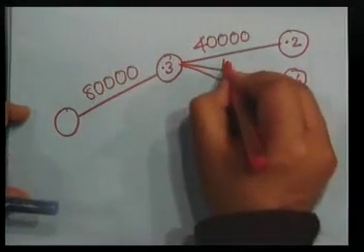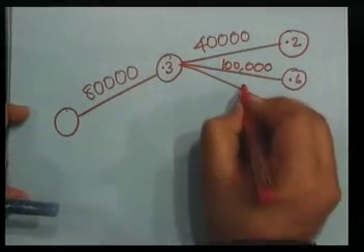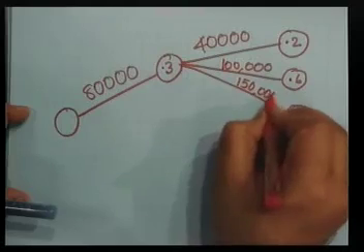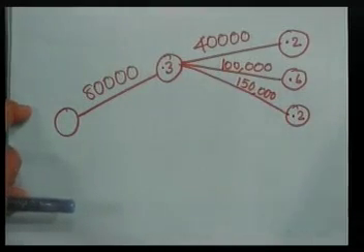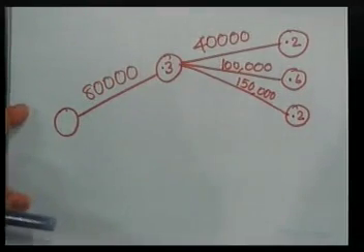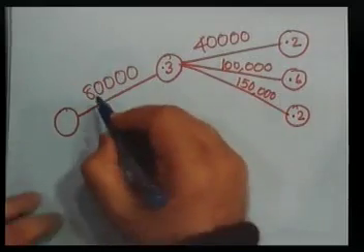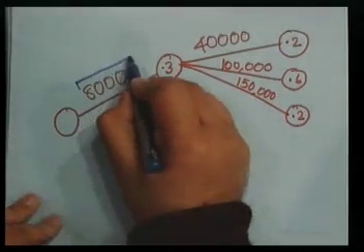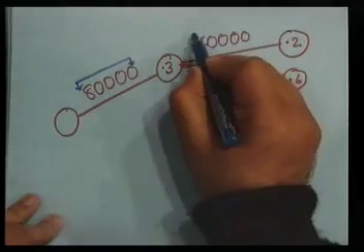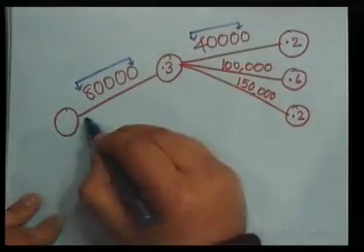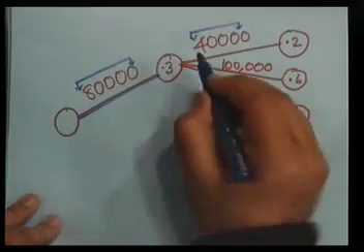This is 100,000, this is 150,000. I am showing you one portion of the total decision tree. Now what I am interested in is the probability that in year 1 I am going to get 80,000 and in year 2 I am going to get 40,000. That means I am interested in going through this path.